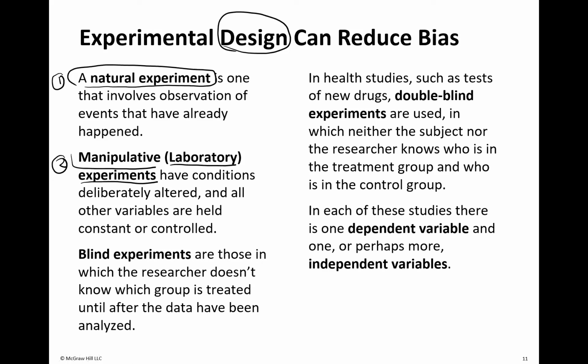So these are the two main types of experimentation or tests. A natural test or experiment is one that involves observation of events that have already happened in nature. So we usually do not alter the conditions in nature. We just perform experimentation or observations in nature.